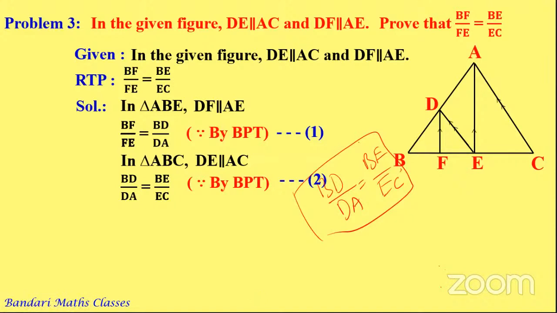Is it DB or BD? BD by DA, sir. Then why do you say DB? BD, sir. Once again repeat. BF by FE, BD by DA. Equation number 1. What is equation number 2, Kaustubh?